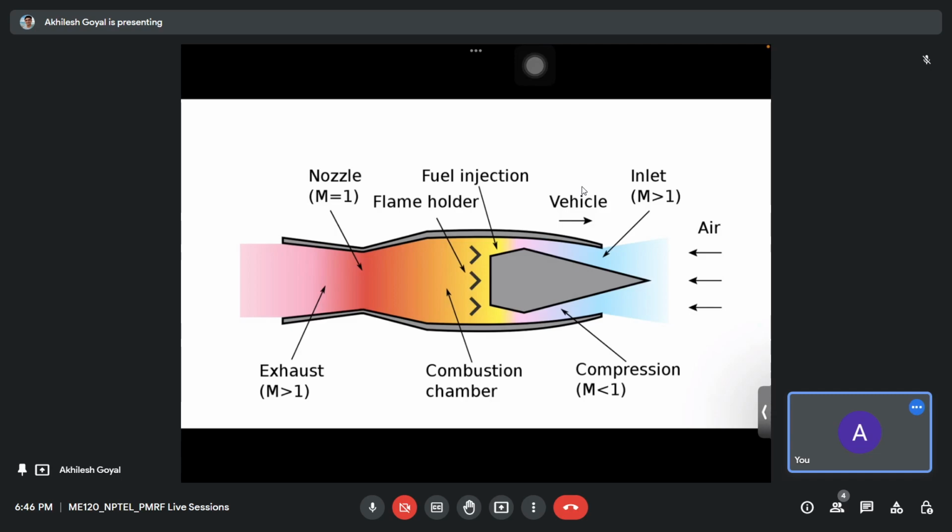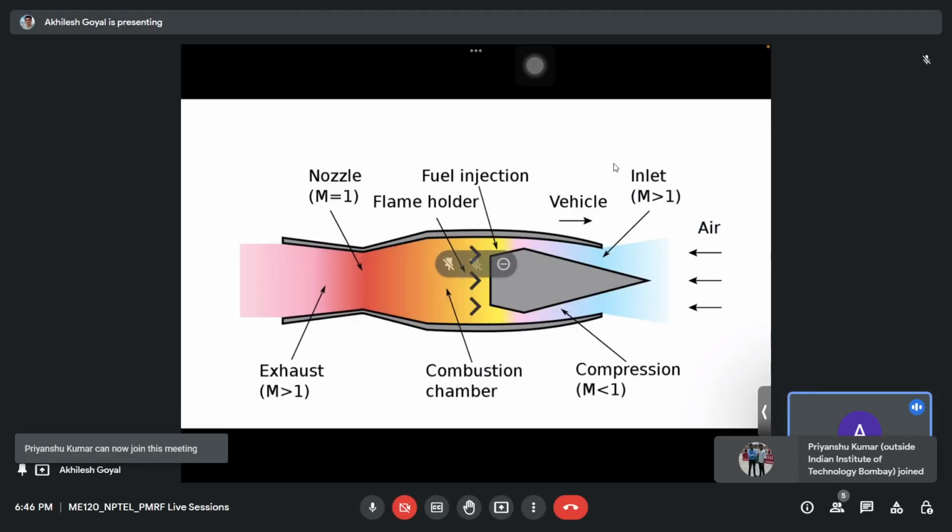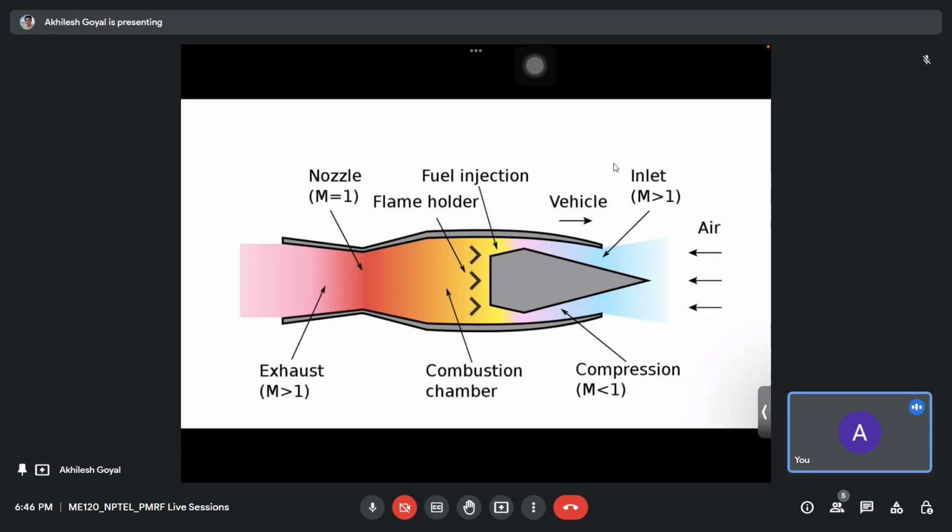The trick here is, if the air is not fast enough, or the velocity of air is not enough, in those cases the air doesn't get compressed inside the engine, and the engine doesn't work.